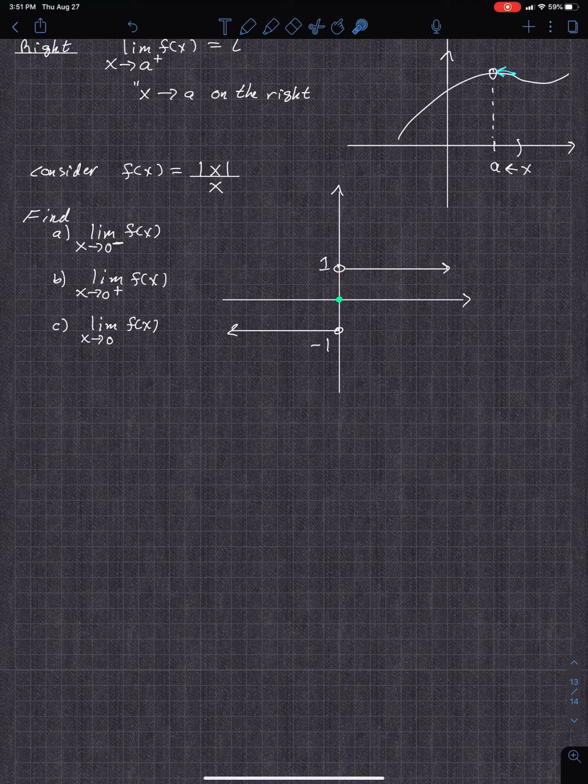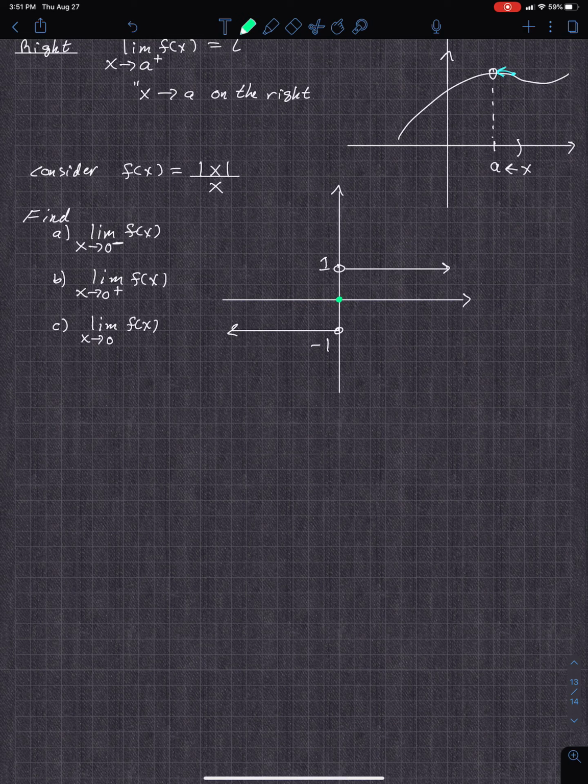So on the left, I'm sorry, I totally messed that up. If you're coming in on the left like this, then it's negative 1. So right here would be the function value as you approach on the left. So you can just say it's negative 1.